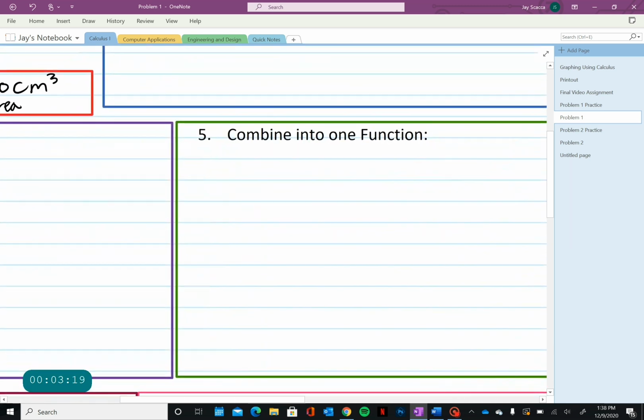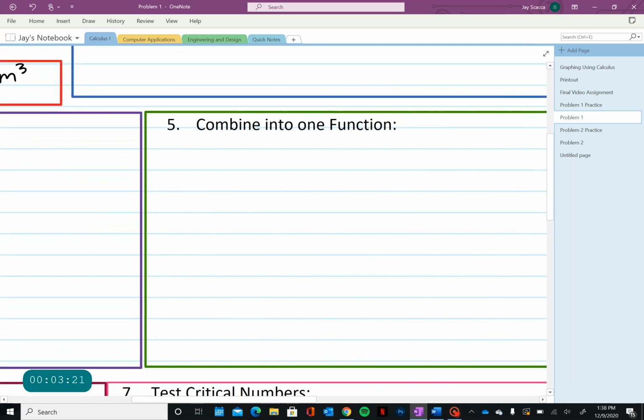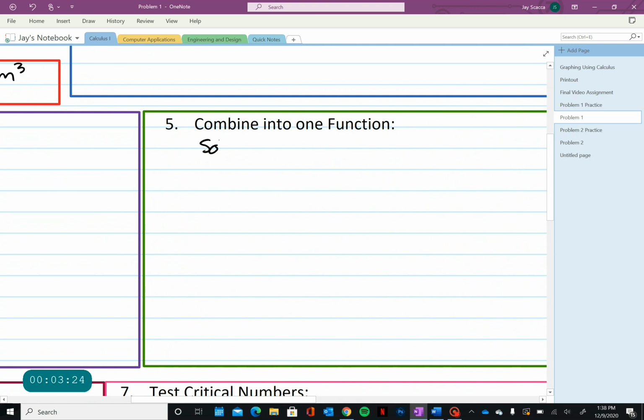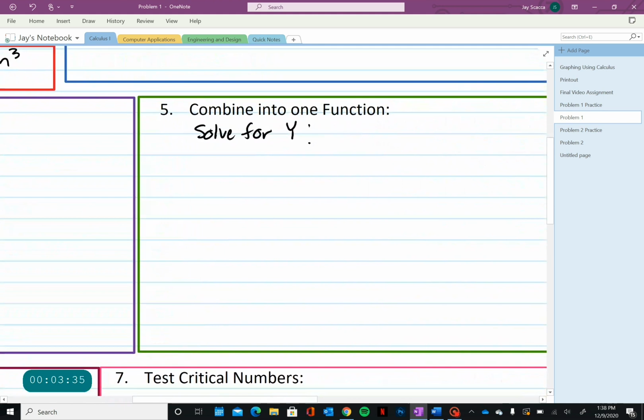Okay, so next up we can combine them into one function. First off, we have to solve for y in the equation. So since we know that x squared y is equal to 1200, we could solve for y by dividing both sides by x squared. So then y is equal to 1200 over x squared.